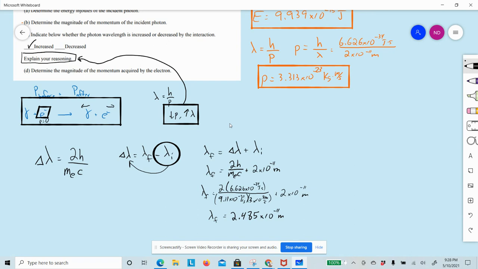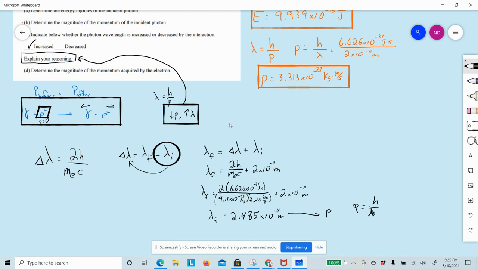We want the momentum acquired by the electron. What we need to do, we know the momentum before the collision has got to be the same as momentum after the collision. So what's this momentum going to be? We have to convert this into momentum. All right, so converting that into momentum, momentum equals h over wavelength.